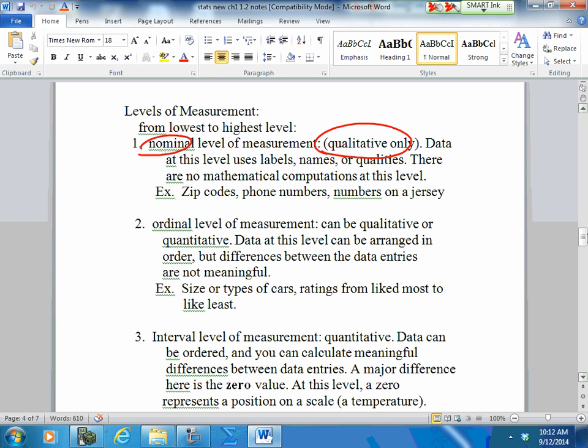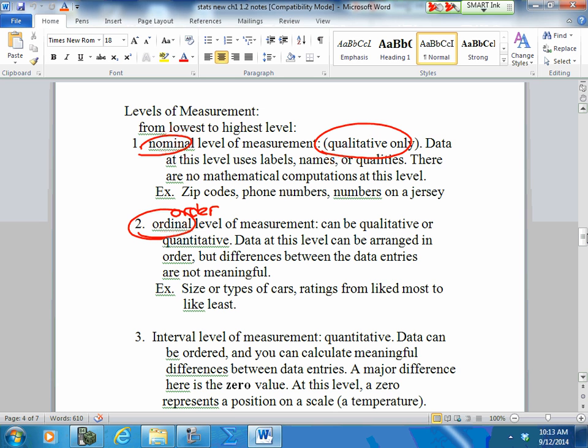Is he better than Aaron because he's 7 and he's 5? No, it's just a label. There's no way to categorize that label. Zip codes. It just gives you a grouping, a label. Phone numbers. Anything that has no type of order is nominal. Ordinal almost looks like the word order.